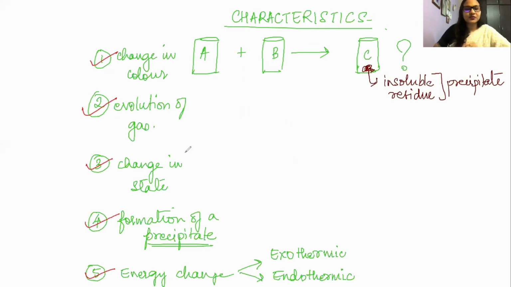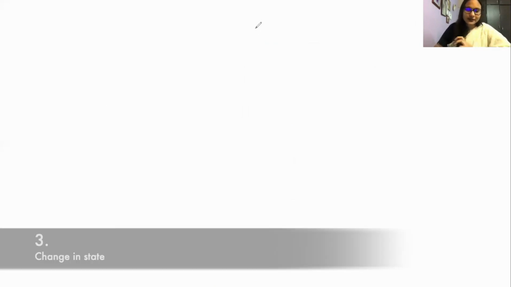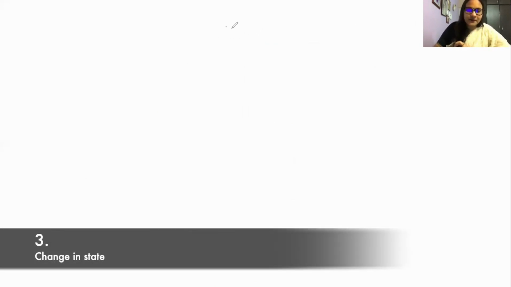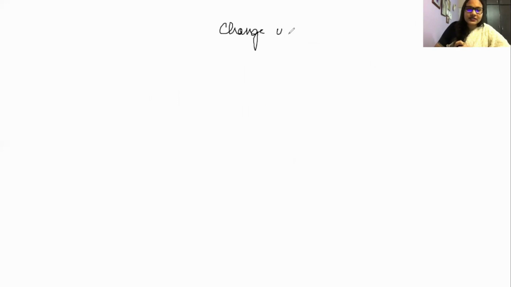The next characteristic that we had seen was change in state. Change in state can be observed in the most common reaction that all of you know very well, when you prepare water.